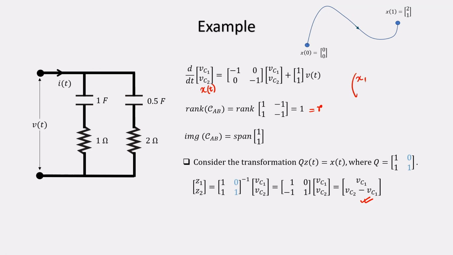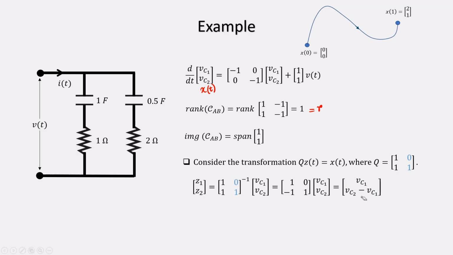Remember we started with x1 and x2, the physical state variables: the voltage across capacitor C1 and the voltage across the capacitor C2. Now, after the transformation the state variables become Vc1 and Vc2 minus Vc1. Now, the second variable at least does not have any physical meaning as such.